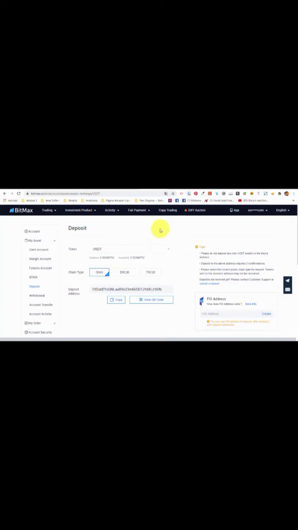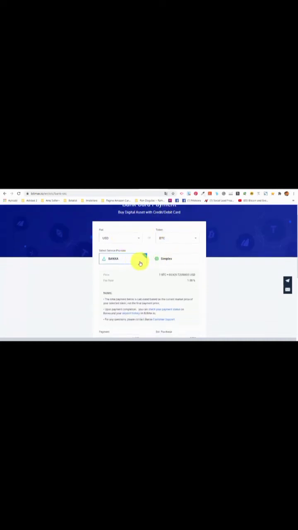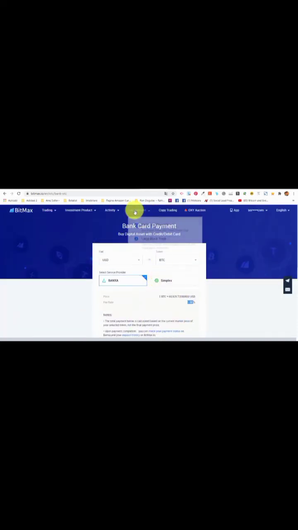I mean, you don't have it directly in your wallet, you just go to the fiat payment and you have bank card payment, and you can use two providers, and basically from here you can make the switches. It will take a 2% fee rate, and you just buy the coins that you want.